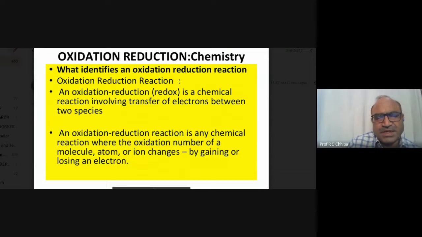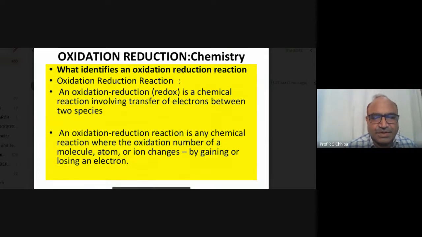Oxidation and reduction reactions are commonly called redox. Redox is a chemical reaction involving transfer of electrons between two species. An oxidation-reduction reaction is any chemical reaction, as we have discussed many times, where the oxidation number of an atom or molecule changes.